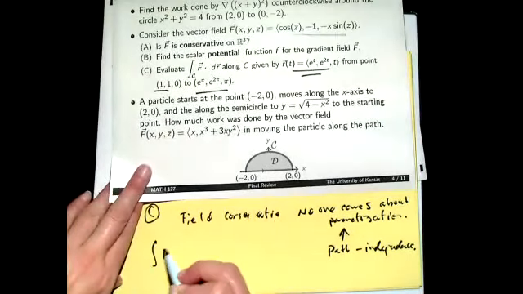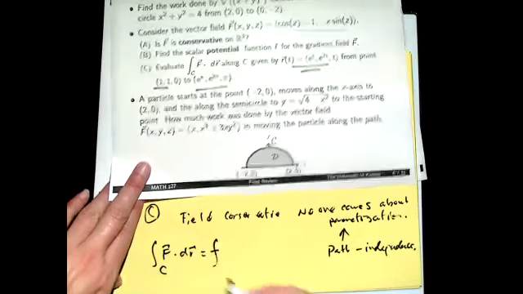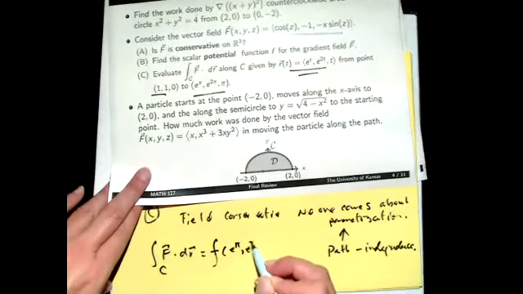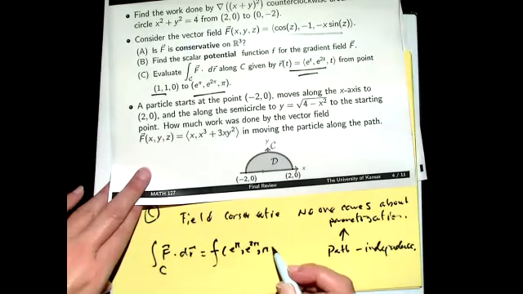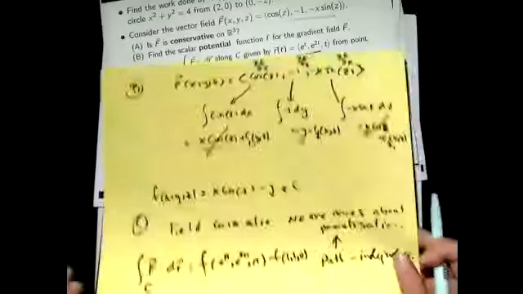So the integral of f dot dr is going to be f at e to the pi, e to the 2 pi and pi, minus f at 1, 1 and 0. And so what is that?